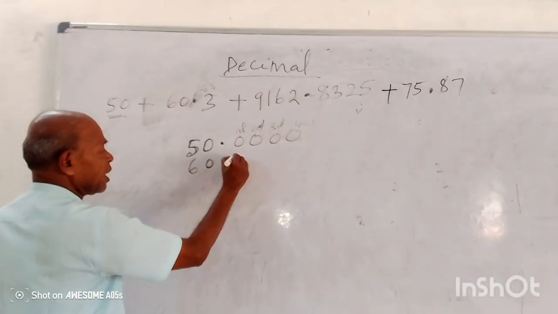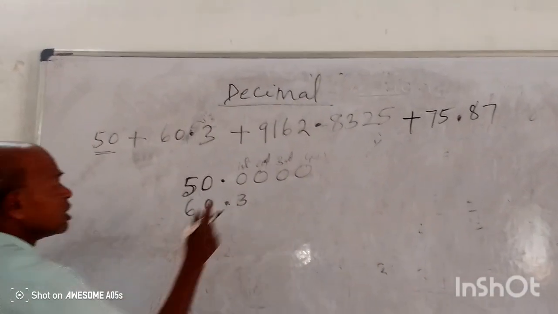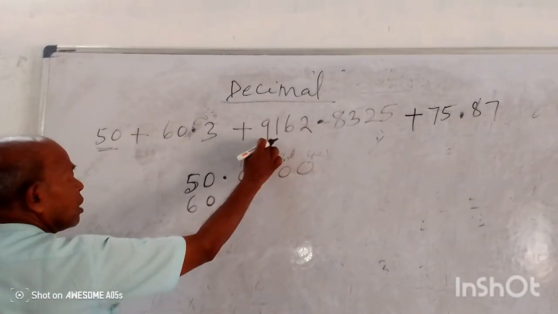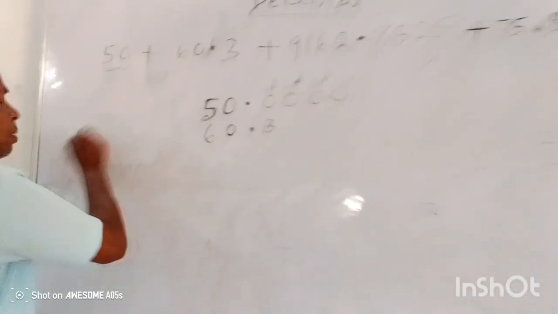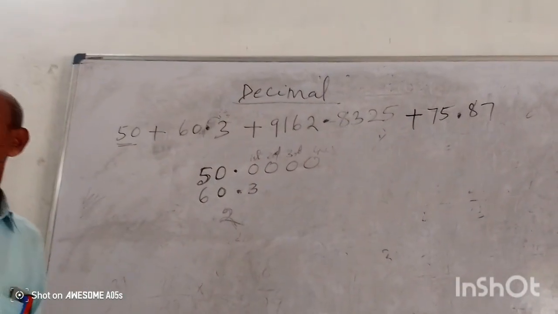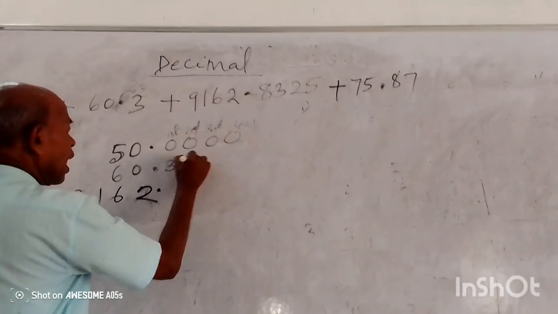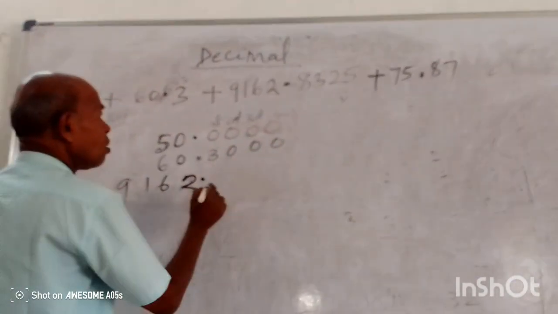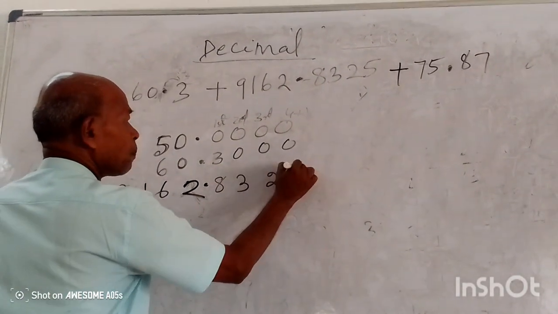Now this is 9162. Point. Now here you can write 0. Now this is your 8, 3, 2, 5.